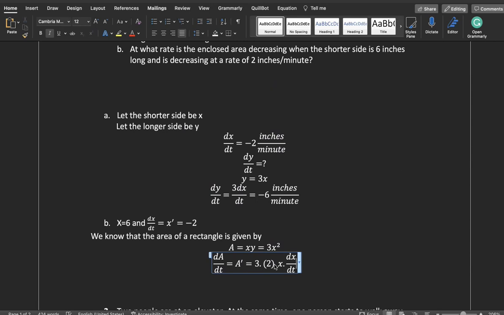I'm sure you are aware of this from your exercises on chain rule, okay? This can be simplified to 6x dx dt, and we're already given that dx dt is equal to minus 2. So you have that this is equal to 6x times minus 2, which is minus 12x.